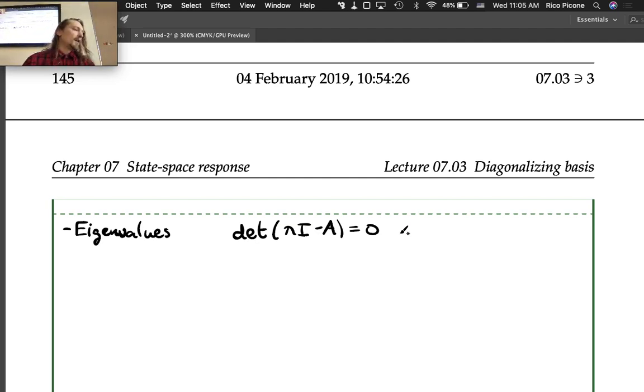So this yields the determinant of lambda I, which is lambda 0, 0, lambda, minus A, which is -2, 2, 2, -3.